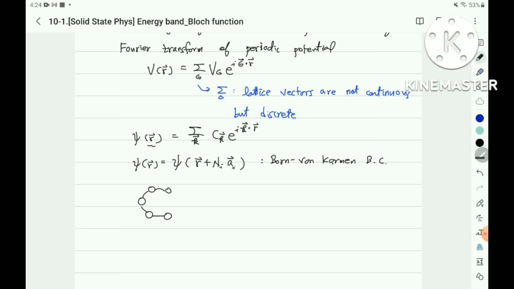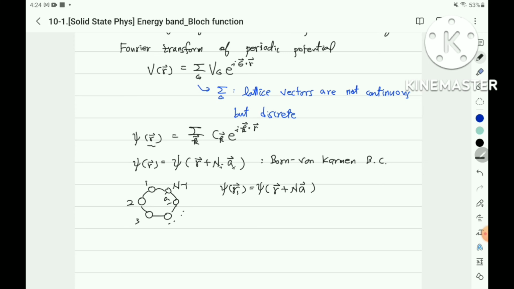For example, like this chain structure, it is 1, 2, 3, and so on, up to n minus 1 and n, and the atomic wave function for r1 is equal to the atomic wave function at the lattice spacing a, then plus n a.